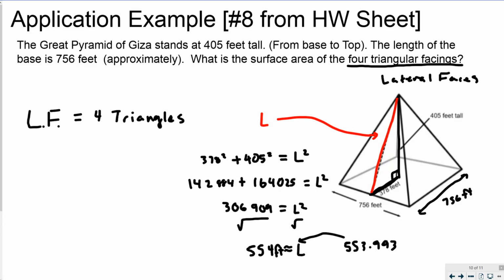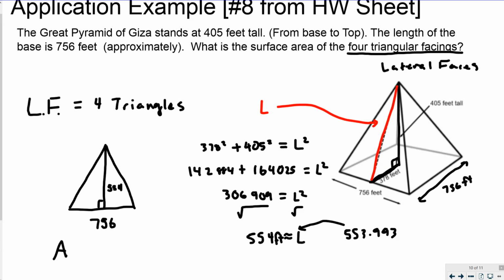So now that I know that, if I were to unnet this, one of the triangles on the Great Pyramid of Giza would have a base of 756 feet, and it will have a height this way of 554. I'm struggling with my straight lines today. So then I can calculate the area of that.